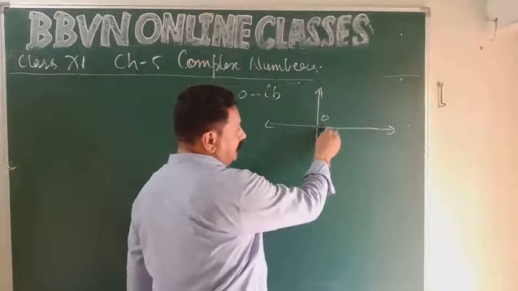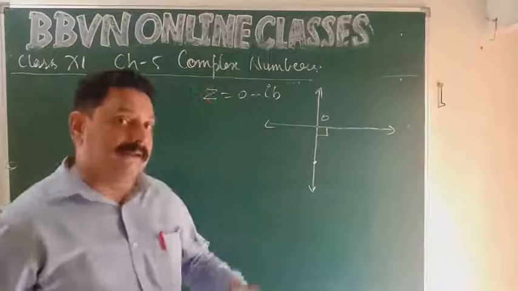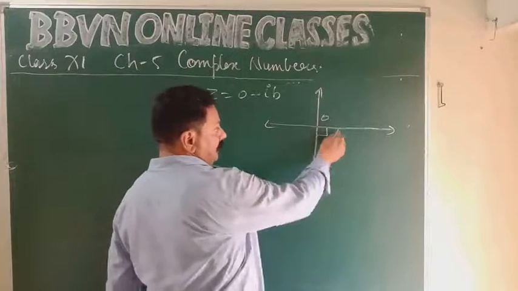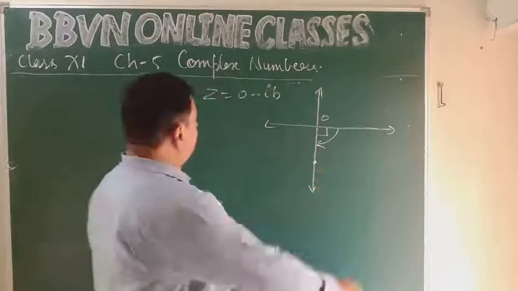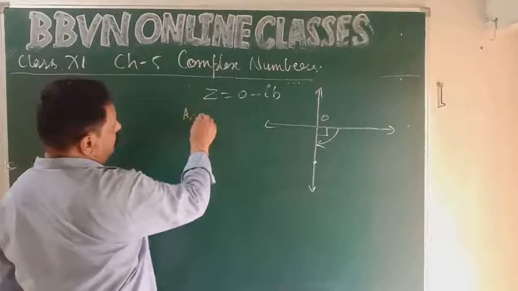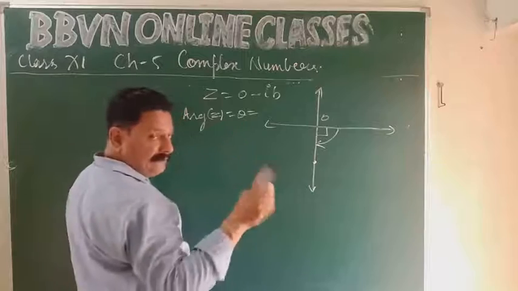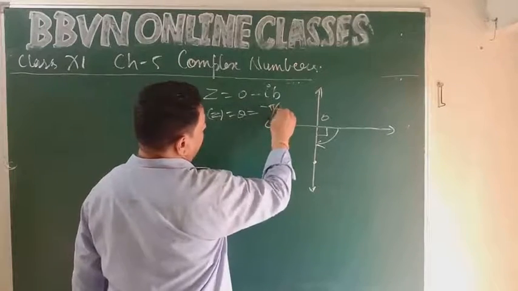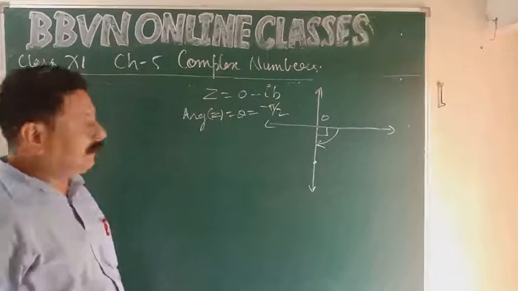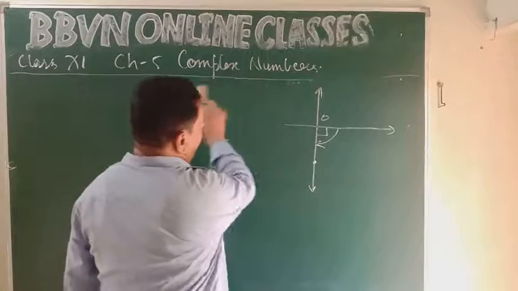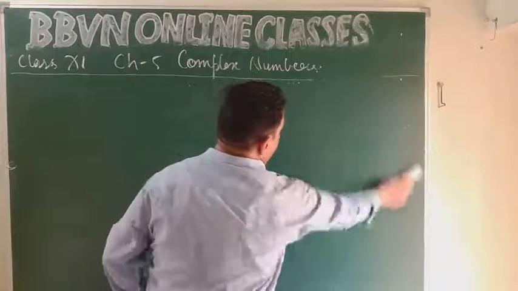So what is this angle? It is a right angle, but in the negative direction because this direction is clockwise. So its argument theta will be a right angle in the negative direction, minus pi by 2. Okay, next case, if z lies in the fourth quadrant.